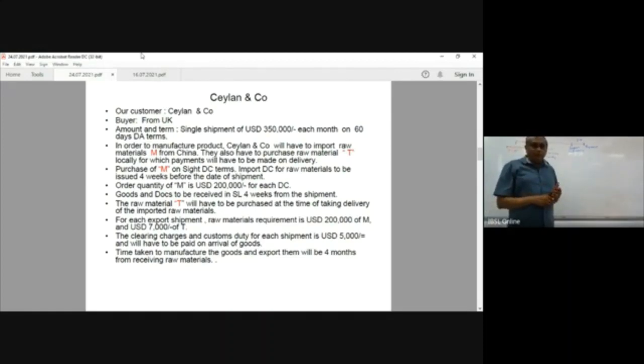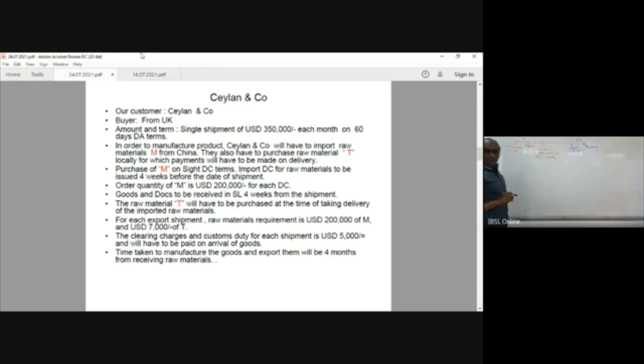Goods and documents to be received in Sri Lanka 4 weeks from the shipment. Import LC for raw materials to be issued 4 weeks before the date of shipment, that is 1 month.